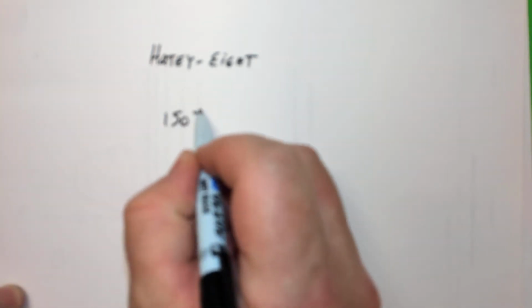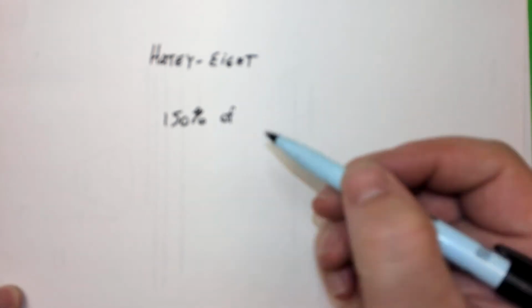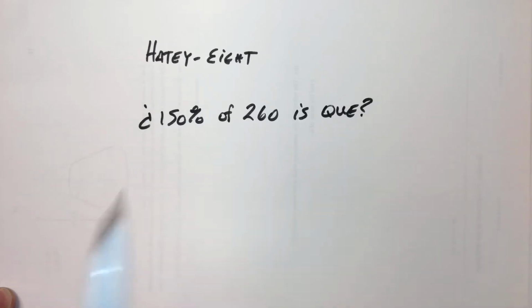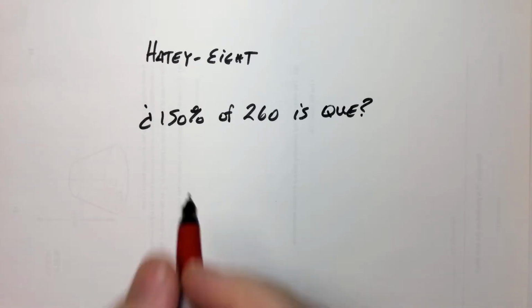88 says, 150% of 260 is what? A couple things about this.